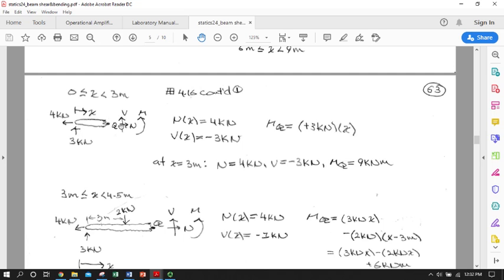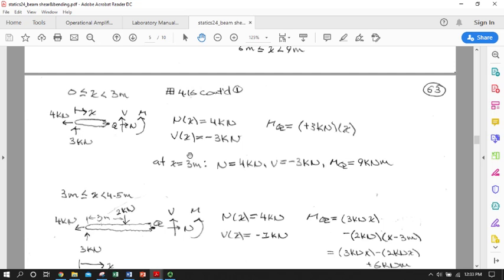And if my shear force is defined default positive upward, it's going to be negative. So it's going to have to be pointing downward to balance this. And moment is going to be defined as 3 kilonewtons times x. I could go through and show how the constant of integration is 0 based on the fact that there's no applied moment here at x equals 0. So I have my 3 expressions.